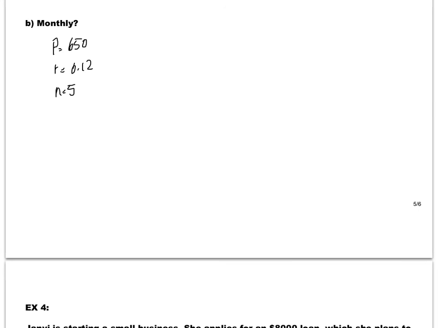So this means that A in this case is going to be P, which is 650, times 1 plus the interest rate, which is 0.12 divided by 12, because again, the compounding interest is monthly, and there is 5 years, so 5 times 12. If we use our calculator and evaluate this expression, we are going to find that this one is $1,180.85.